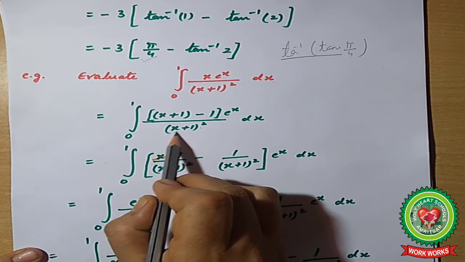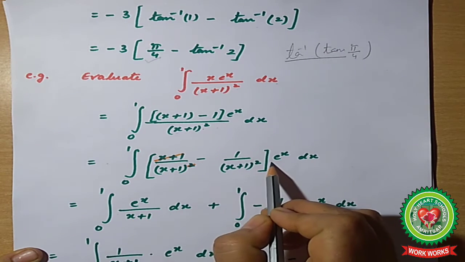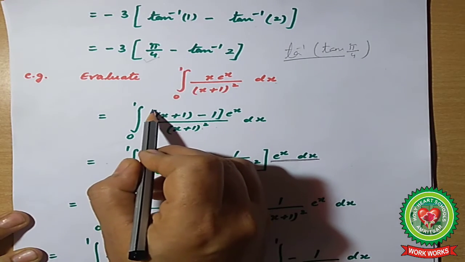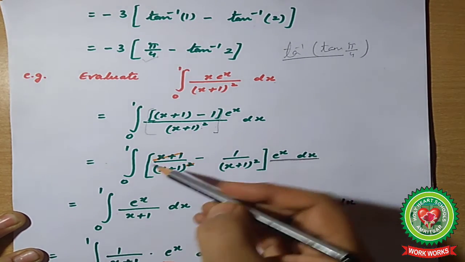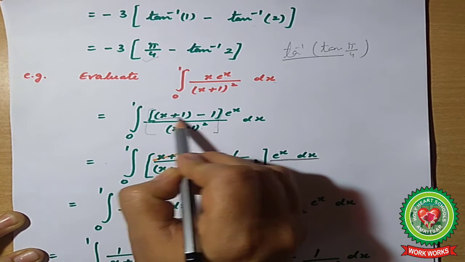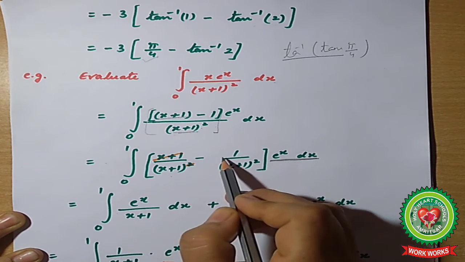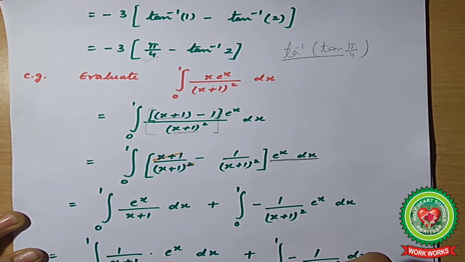Now, we can separate the fractions there. It will be equal to e raised to power x dx, as it is there. Now, in this part, we will separate the fraction there. So, it will be equal to x plus 1 upon x plus 1 whole square minus 1 upon x plus 1 whole square.